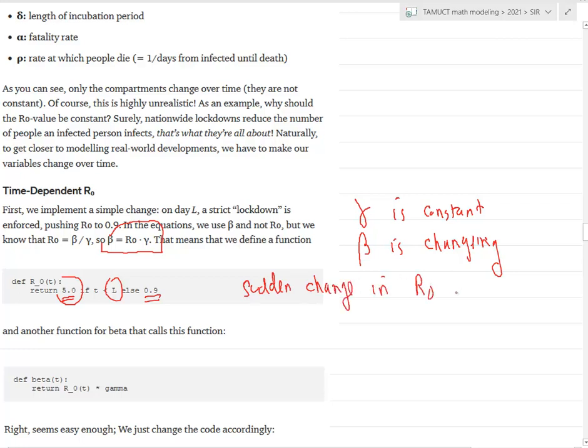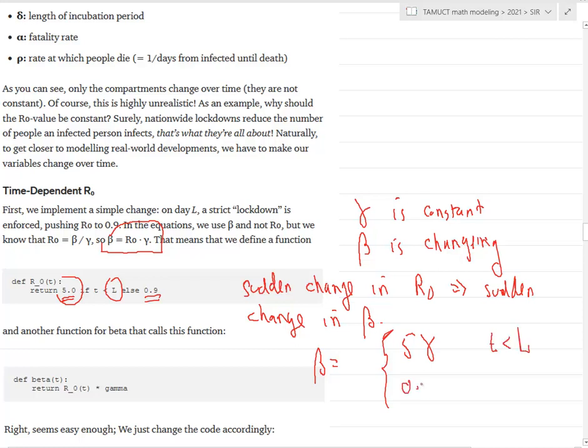And what that leads to is a sudden change in beta. Okay, so if I wanted to do this mathematically, you would say beta equals 5 times gamma for t less than L, and it's 0.9 times gamma for t greater than or equal to L, okay? Where L is a parameter that he will set.